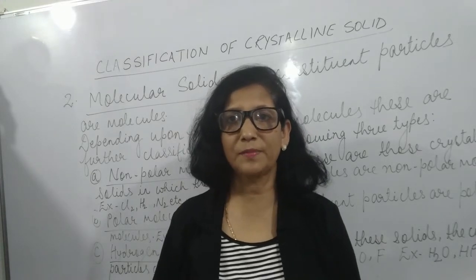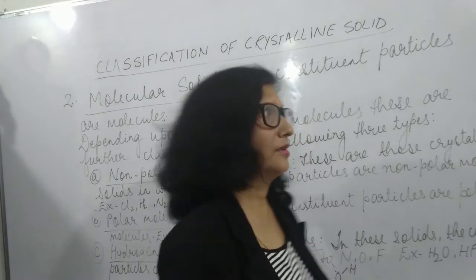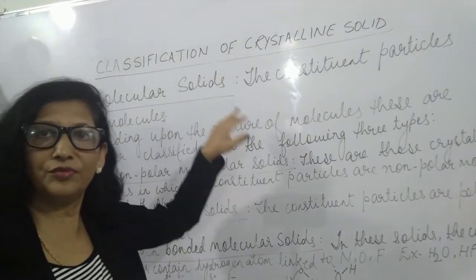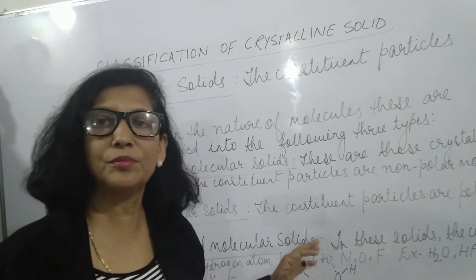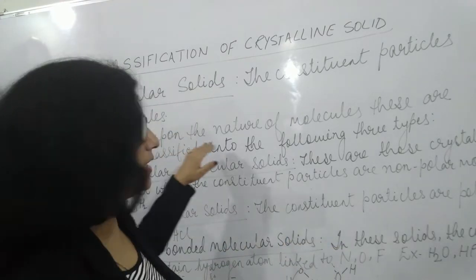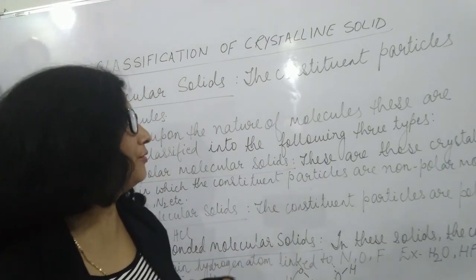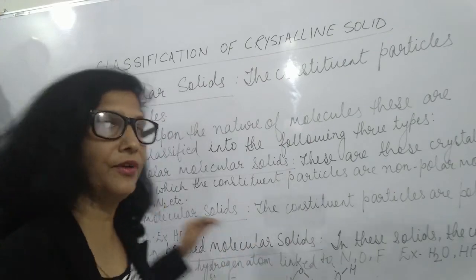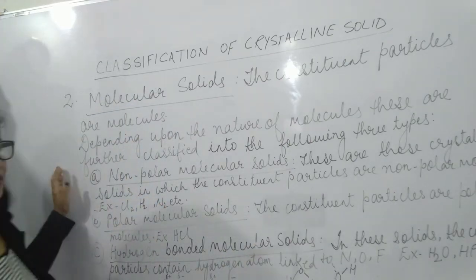And I am going to explain about the molecular solids. In case of molecular solids, the constituent particles are molecules. Depending upon the nature of molecules, these are further classified into three types.